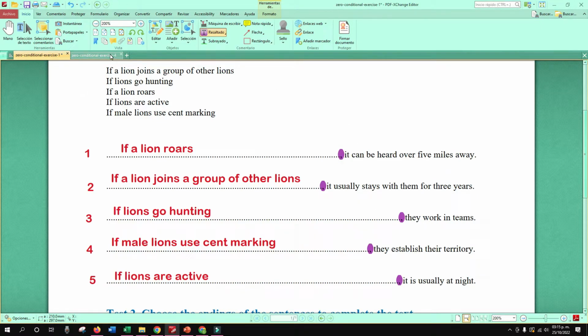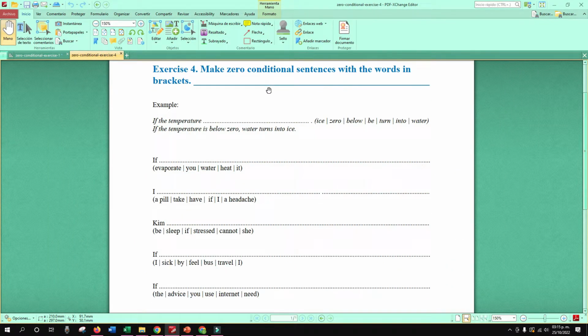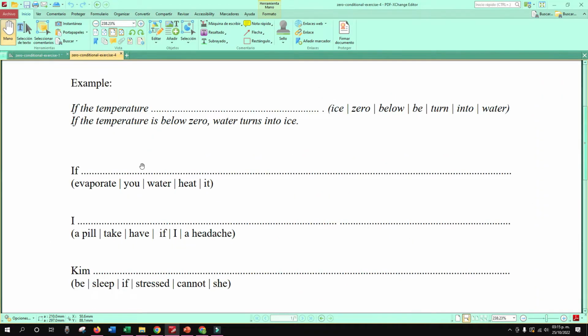So let's do another exercise, guys. There you have this. It says make 0 conditional sentences with the words in brackets. There you have, let me share the example. It says if the temperature, there is the if clause, there you have between parentheses ice, 0, below, be, turn into, and water, right?